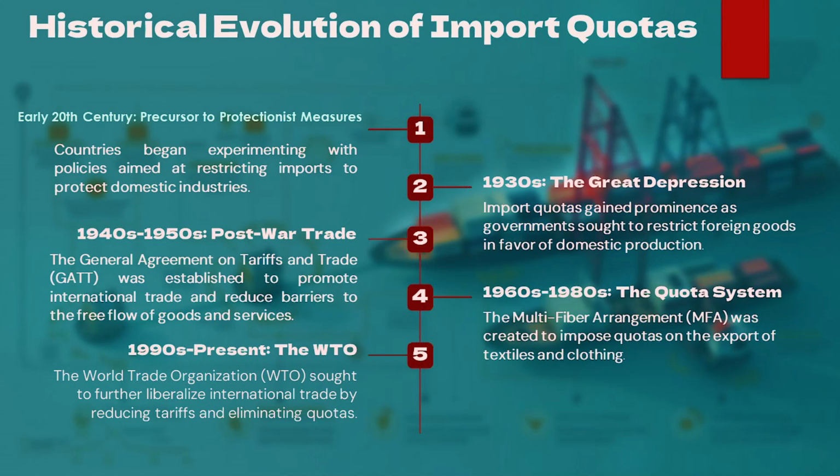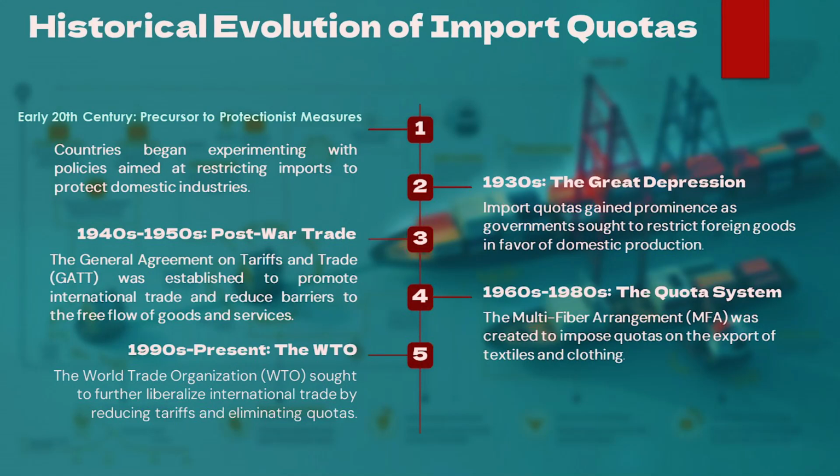As a result, countries began experimenting with policies aimed at restricting imports to protect domestic industries, particularly in sectors like agriculture and manufacturing. Although quotas were not yet a widespread tool, they were used occasionally, especially during economic disasters, wars, or market imbalances. This is how quotas were used in the early 20th century.